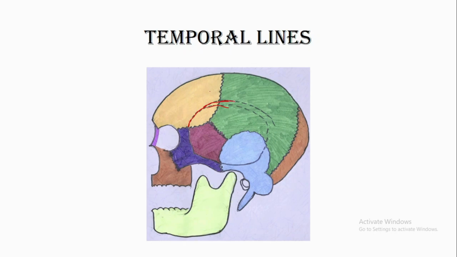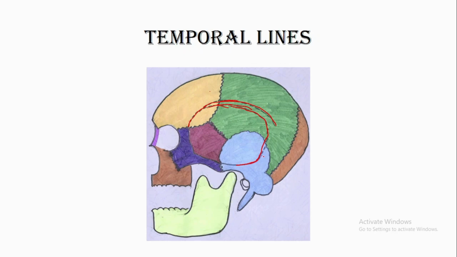Here they divide into two, that is the superior temporal line and the inferior temporal line. The superior temporal line goes backwards and then fades away in the parietal bone, and the inferior temporal line goes downwards and then forwards towards the squamous temporal bone, and it gets continuous with the supramastoid crest.